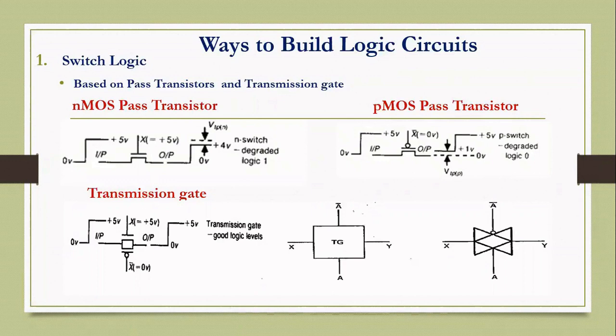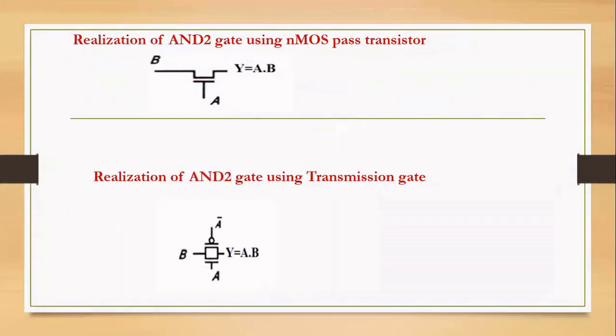We'll be applying 5 volts at the pass input, so that we'll get 5 volts at the output. The transmission gate is good at passing logic 0 as well as logic 1. These are the characteristics of the pass transistors and transmission gate.